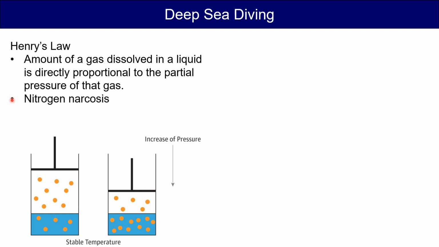Aside from nitrogen narcosis, because of Henry's law, a deep-sea diver may develop decompression sickness, which is usually secondary to rapid ascent. Again, if we go back to this illustration here, if there will be rapid ascent, most of the molecules in liquid form will be converted to a gas form.